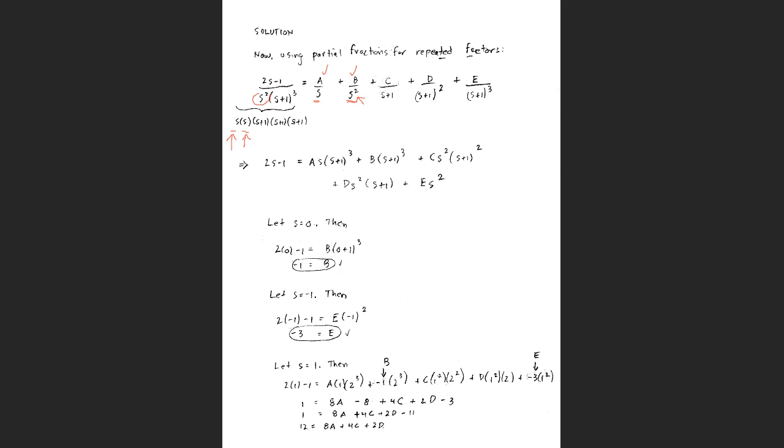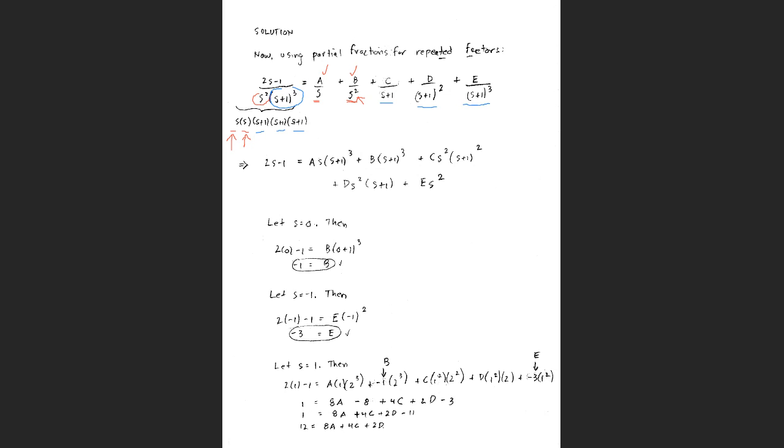The s plus 1 cubed is s plus 1 times s plus 1 times s plus 1. So that's a repeated factor 3 times. So you have c over s plus 1, as you would expect. But then you put d over s plus 1 squared plus e over s plus 1 cubed.